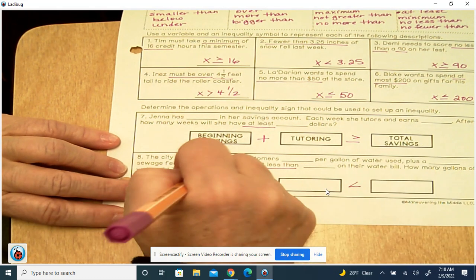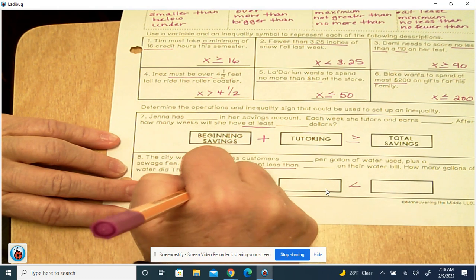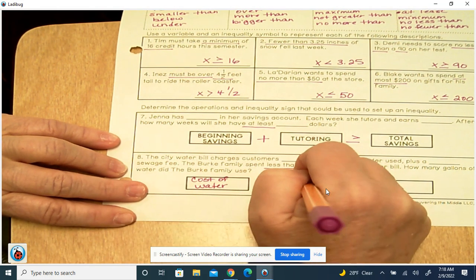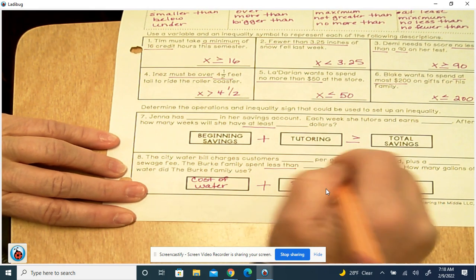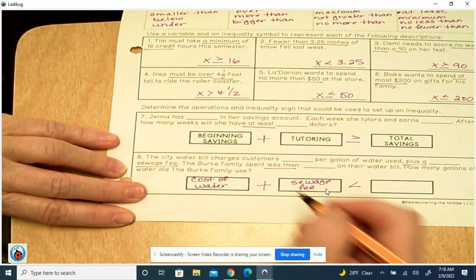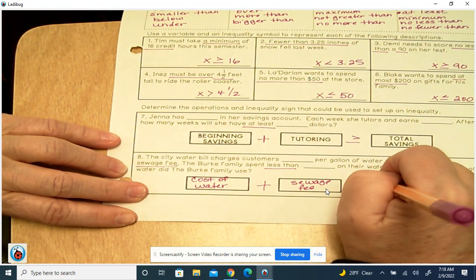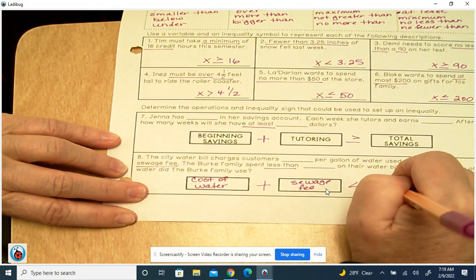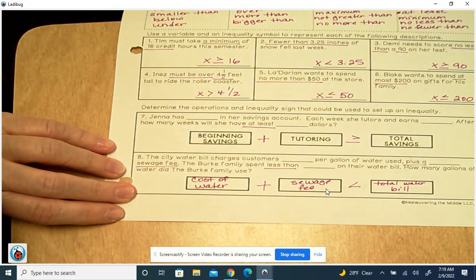So this is the cost of water plus the sewage fee. That's right here, plus the sewage fee. And that gives us the total water bill.